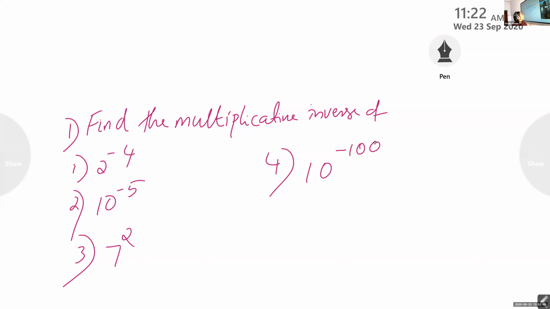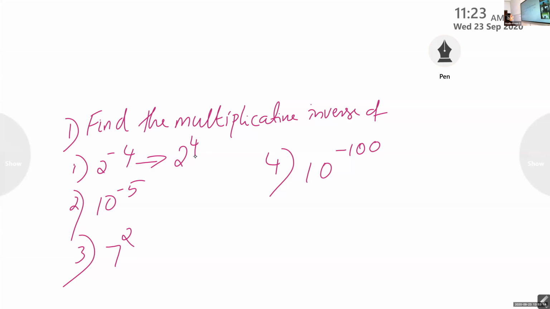So what is the multiplicative inverse of 2 raised to negative 4? 2 raised to 4. Multiplicative inverse is 2 raised to 4. For getting multiplicative inverse, change the sign of the exponent. Only that much. Very simple.